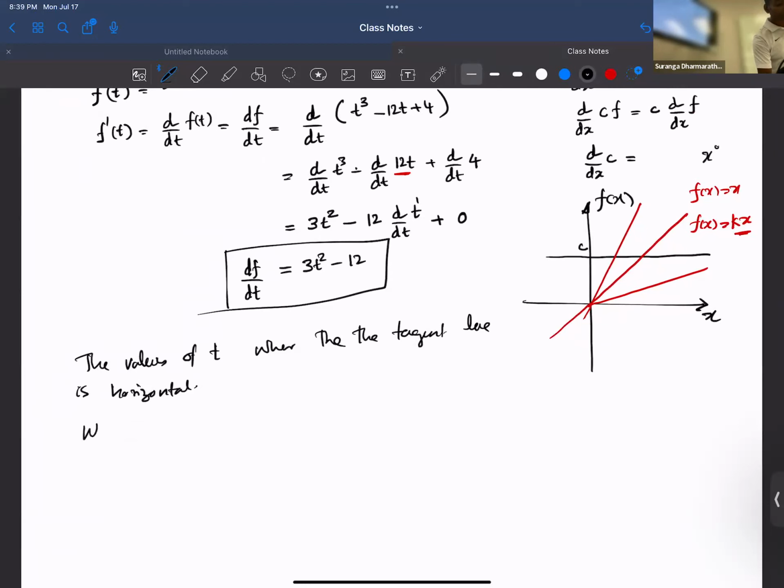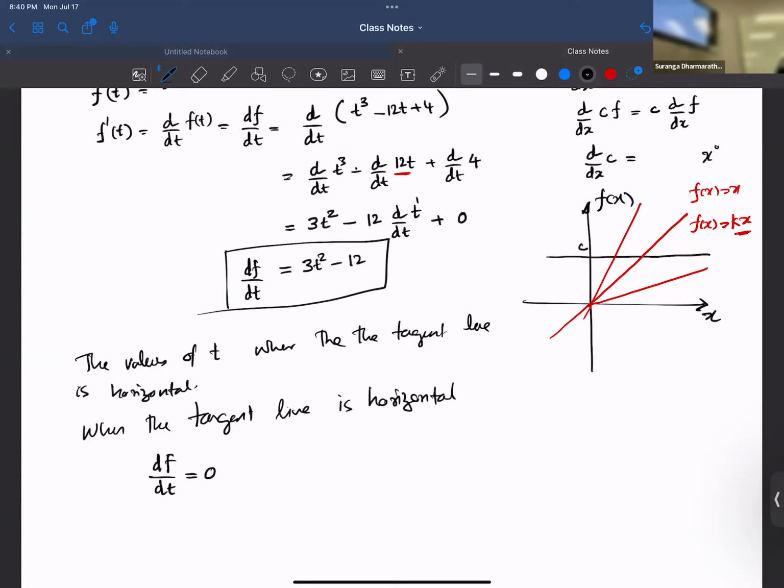So when the tangent line is horizontal, take your notes, the derivative df over dt should be 0. Now we want to find the values at which df over dt equals 0.